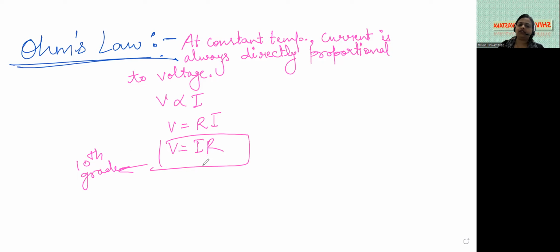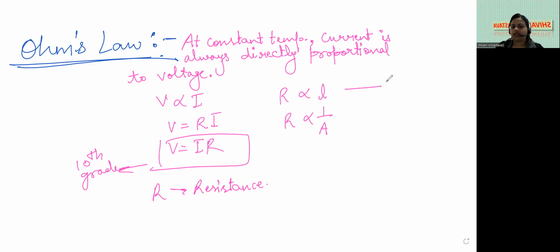So V is equal to IR, from where we can say R is what? Resistance. You remember or not? Resistance. And resistance depends on the length of the conductor. Resistance is inversely proportional to the area of cross section.